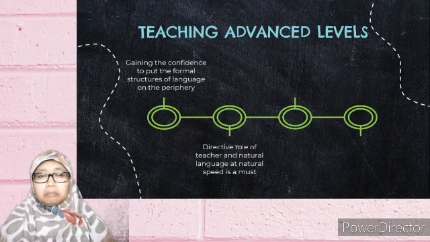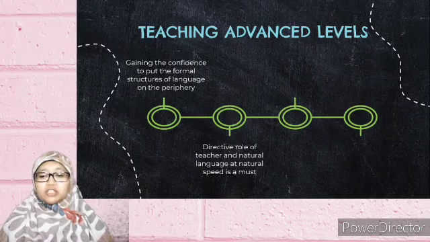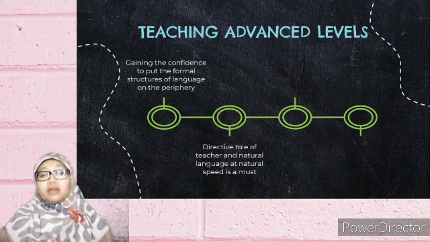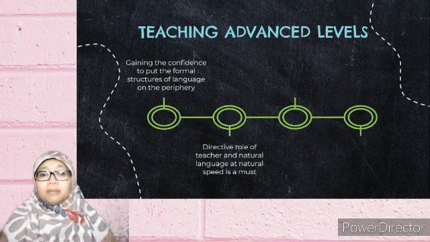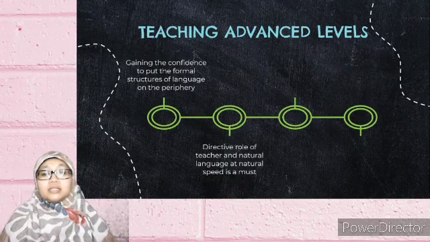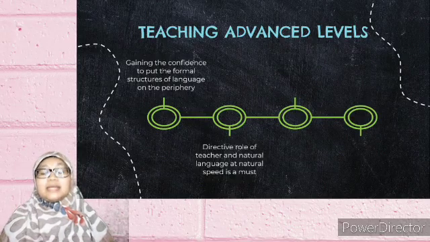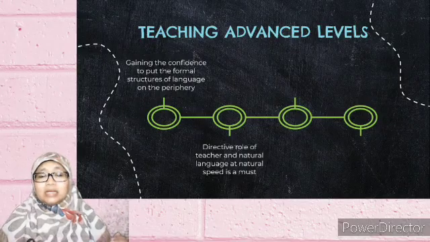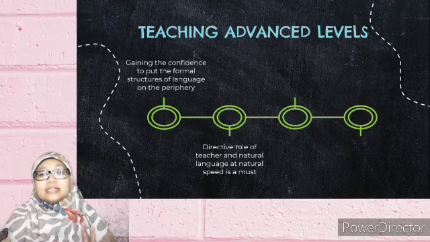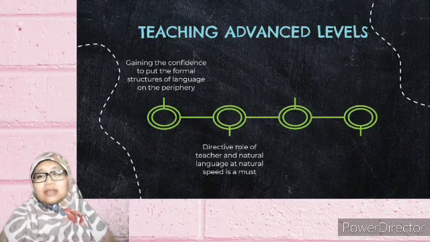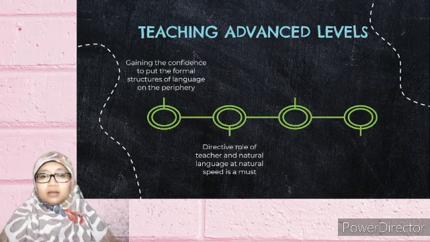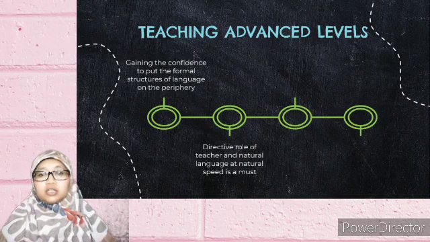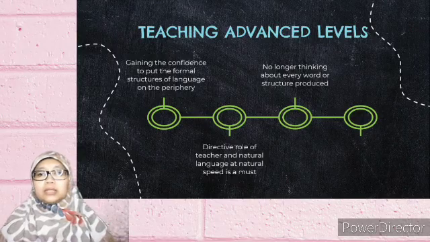Because the role of the teacher is no longer initiating, it doesn't mean that we can leave the students alone. Still, the directive role of the teacher in natural language and natural speed is a must. So we still need to guide and assist with any specific mistakes that the advanced students make.